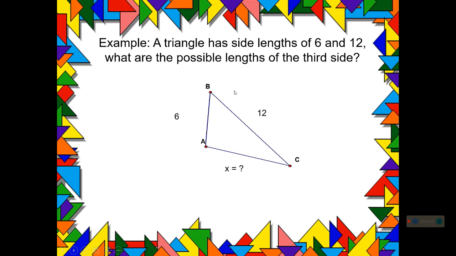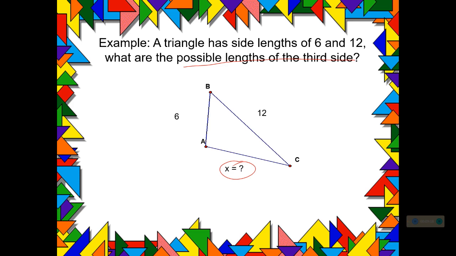For another example, I have here a triangle with side lengths of 6 and 12. What are the possible lengths of the third side? What are the values of x that you can substitute here? Since we have 6 and 12 as the two side lengths of our triangle, what are you going to do to find the possible lengths of the third side?